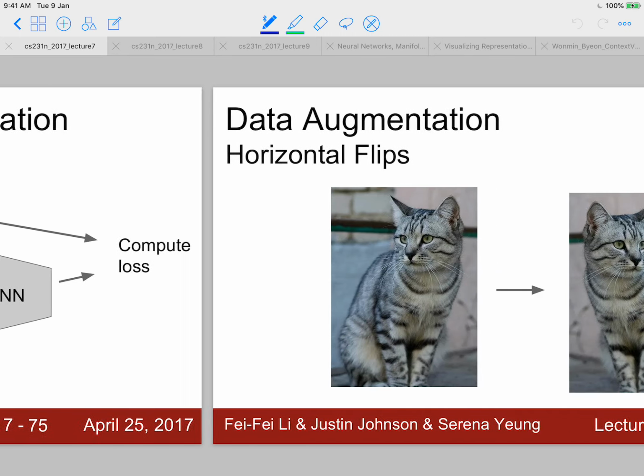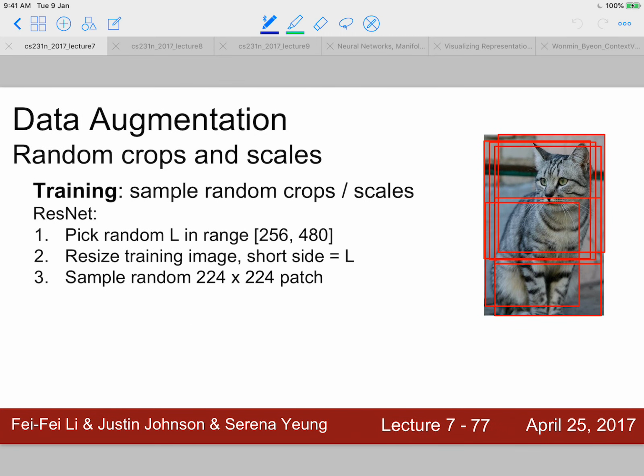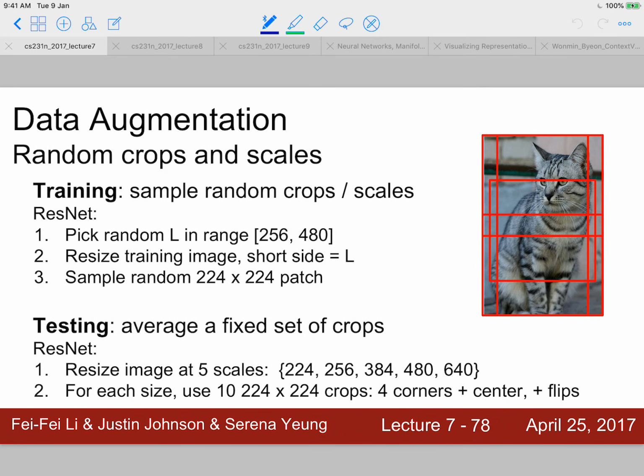And also, we can do a lot of data augmentation, and this step works as an important step to improve your performance. In practice, we don't always have enough data.